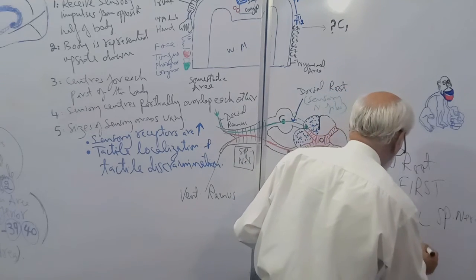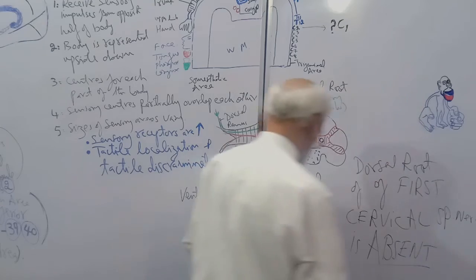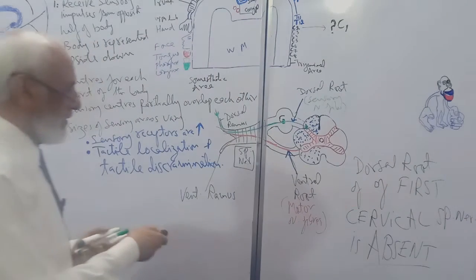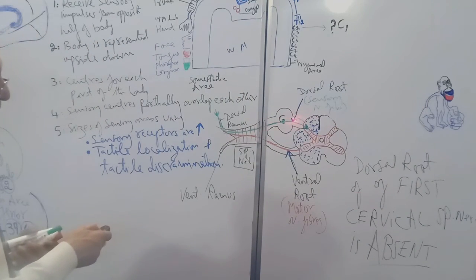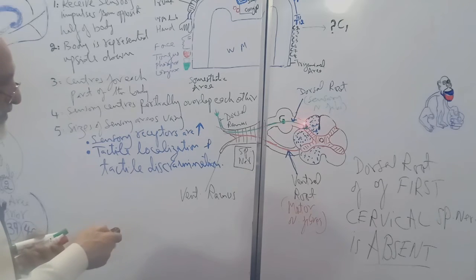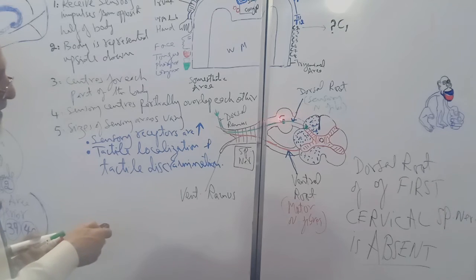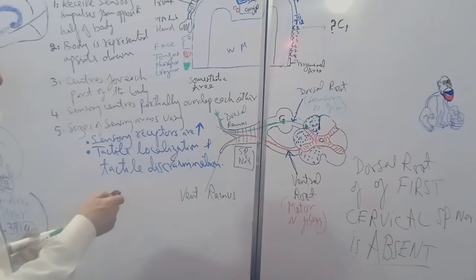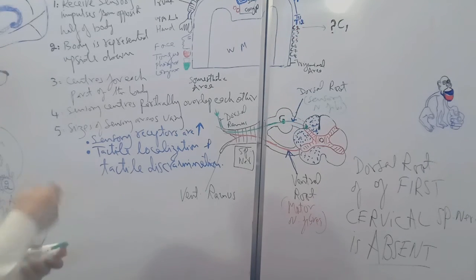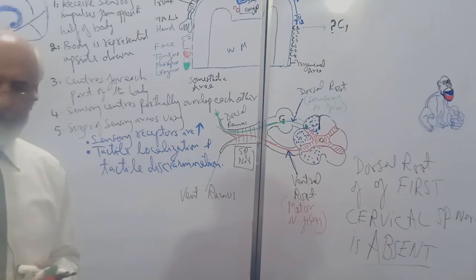Now it is normal. Frequently, in case of the first cervical spinal nerve, the dorsal root, the sensory root, is missing, and the ventral root, the motor root, is there. So because C1 mostly does not have the dorsal root or sensory root, this is why here I have not shown the C1 spinal segment. This is the reason.